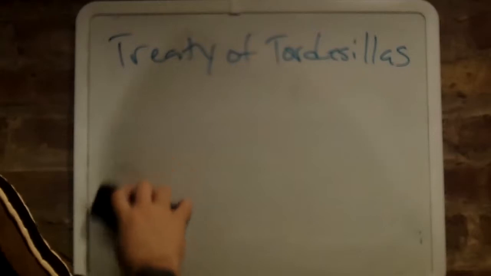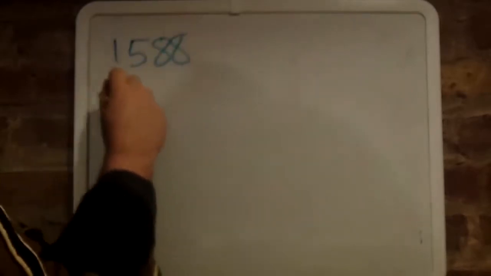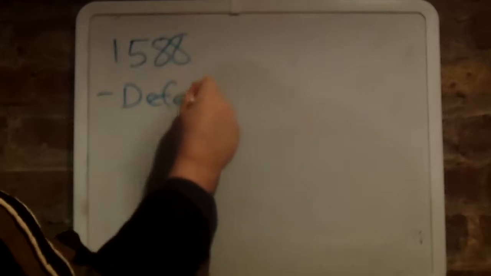And that goes on for about a century until we get to the year 1588. In the year 1588, something very important happened. We had the defeat of the Spanish Armada by the English.